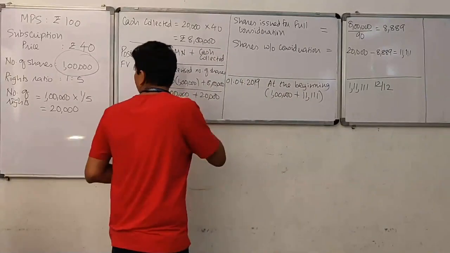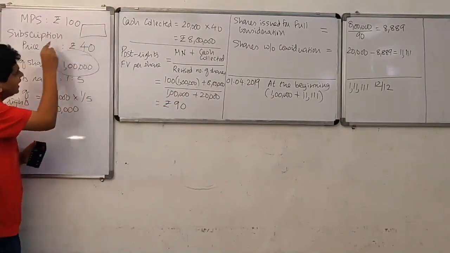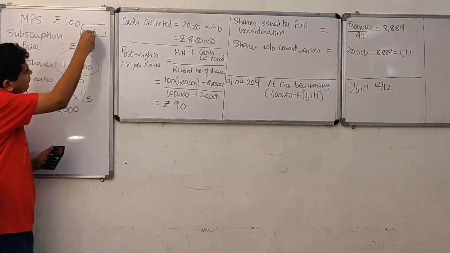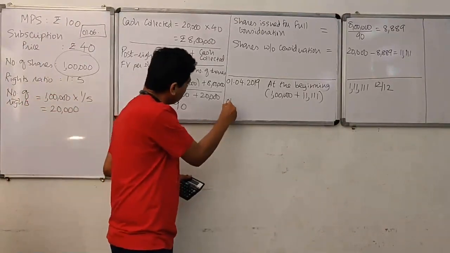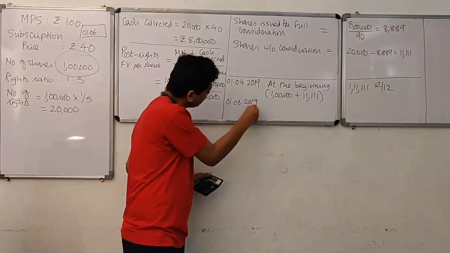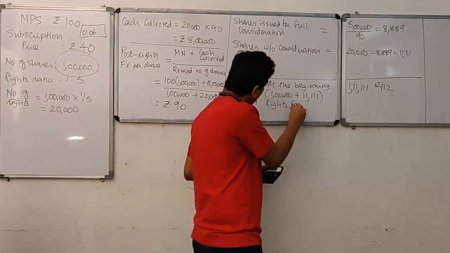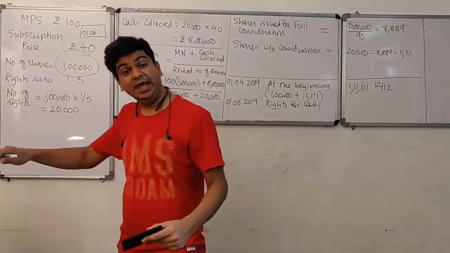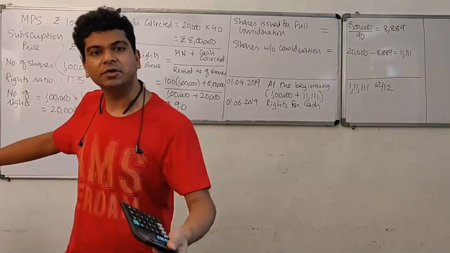Let's assume that these rights shares, they had not given us the exact date, but let's assume that these rights shares were issued on 1st June. So my next date over here will be 1st June 2019. I will say rights for cash. There are rights shares which are issued for cash. Here consider the shares which have been issued for full consideration.